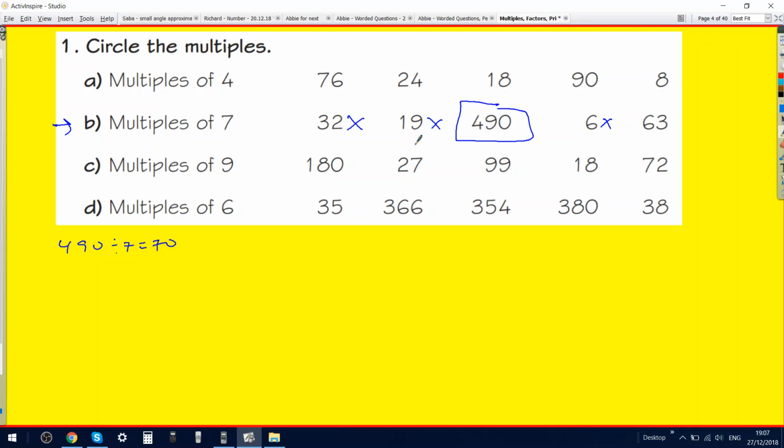No, 35 is. Yeah, and 63. I think 63 is. Yeah, 7 times 9.